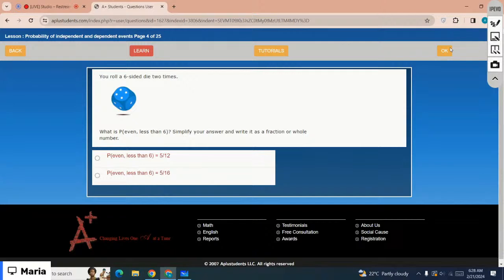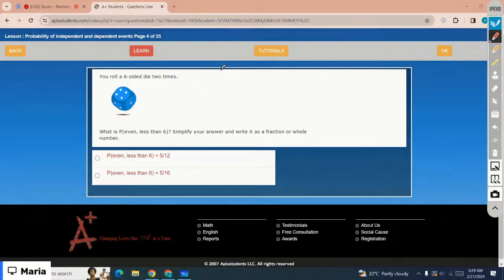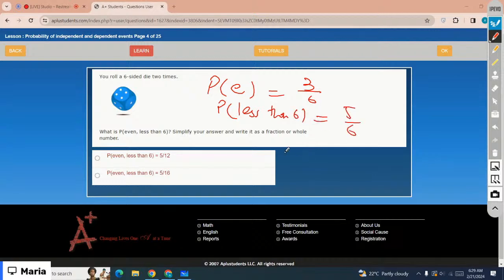And the probability of less than 6 is 5 out of 6, since you have 5 numbers that are less than 6. So the probability of both is 3 by 6 times 5 by 6, that is 15 over 36.